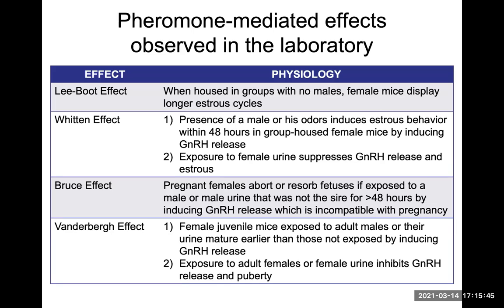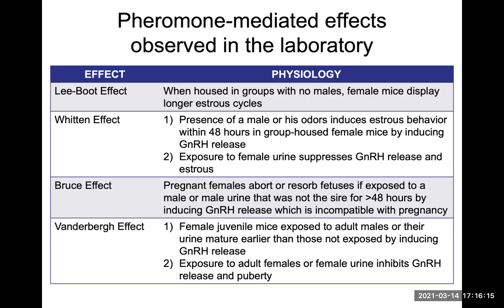And then there's the Vandenbergh effect, where female juvenile mice exposed to adult males or adult male urine will actually induce kind of puberty sooner than others by maturing, starting that gonadotropin releasing hormone. Flip side of this one is exposure of female juvenile mice to adult female or adult female urine will actually inhibit that gonadotropin releasing hormone release and will inhibit puberty from occurring.